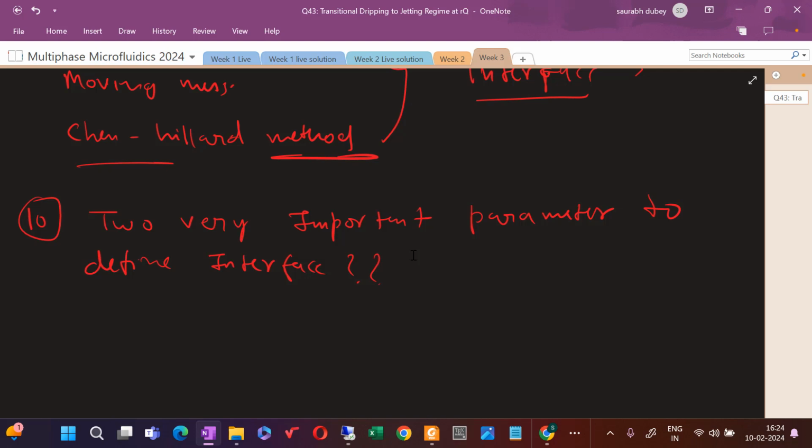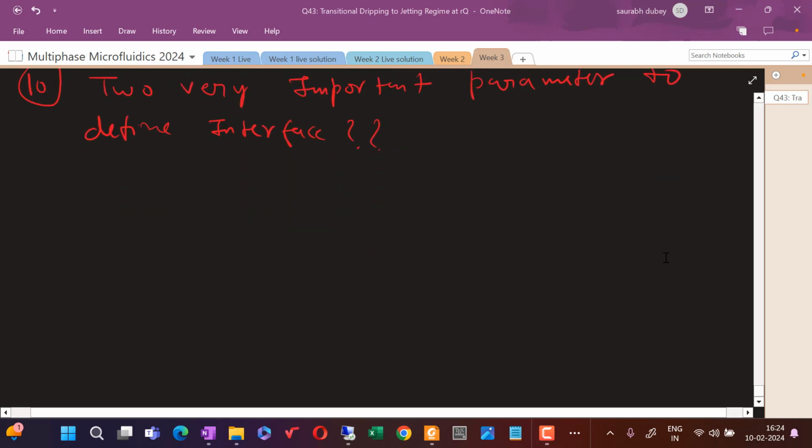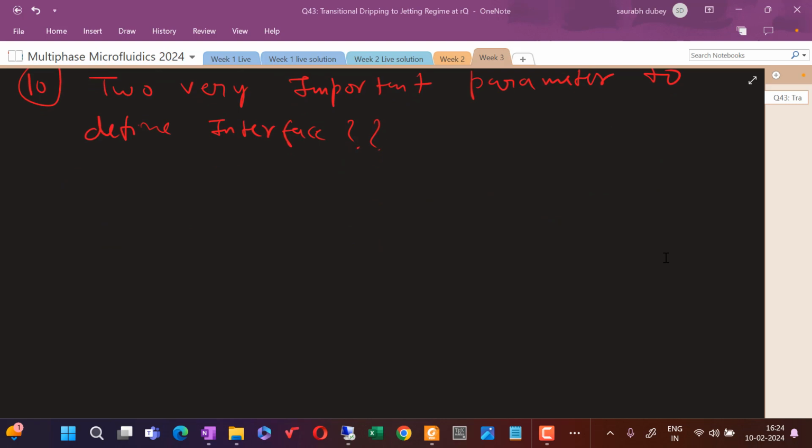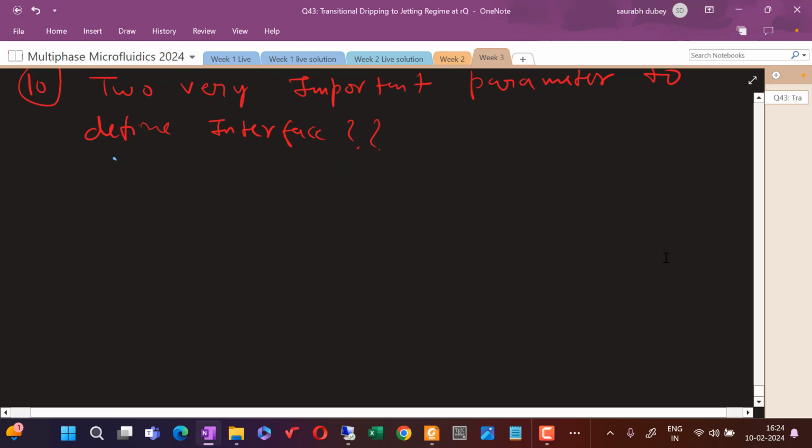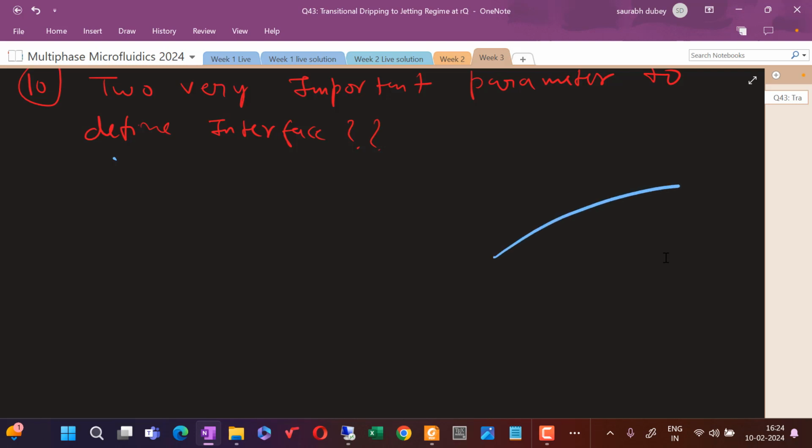So two very important parameters to define the interface are what? It is the normal to the interface. So if the interface is there, medium 1 and medium 2 are there, there will be something tangential and something normal.